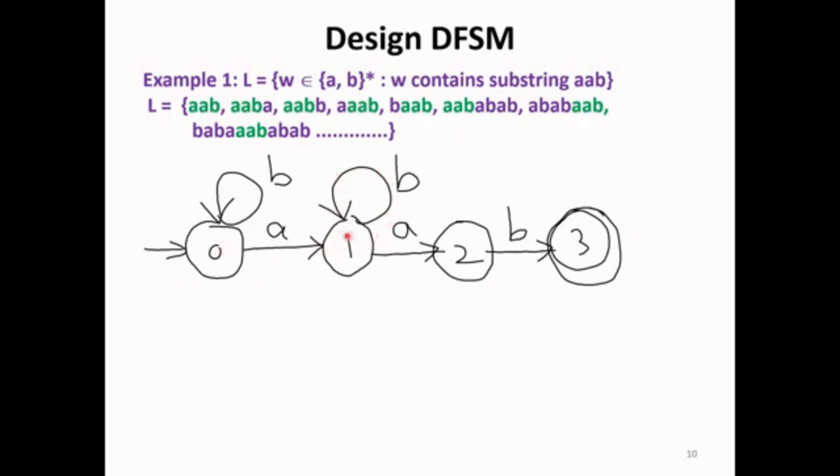A, B, A, B. Now you can see this self loop will violate the language. It will not have substring AAB. It will be having A, B, A, B. But we want one compulsory substring AAB in this machine. Then this self loop I can't take here.